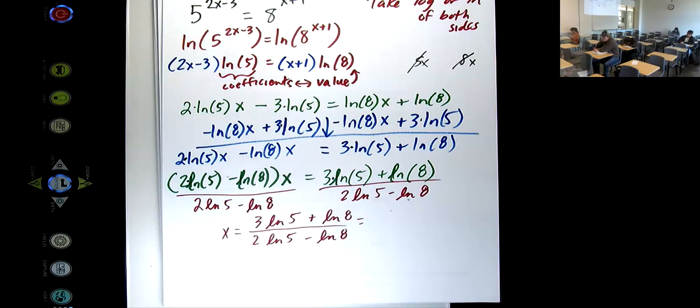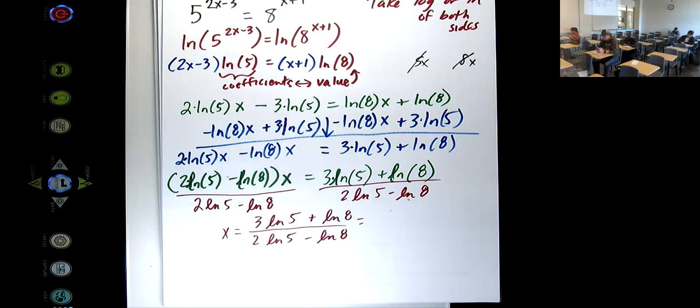I gotta switch back and forth between these two things. 2 times, nope. 3 times natural log of 5 plus natural log of 8, divided by 2 times natural log of 5.